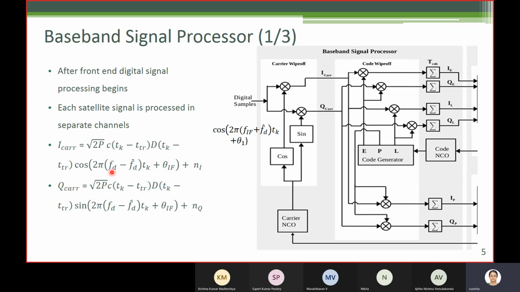Now pay attention to this term carefully. What are we doing here? We do not have any carrier component. The down converted carrier is removed. That's why this phase is called carrier wipe off. By doing such a mixing operation, we remove the carrier, because in the final expressions of I and Q, we do not have any carrier component. We just have the Doppler.